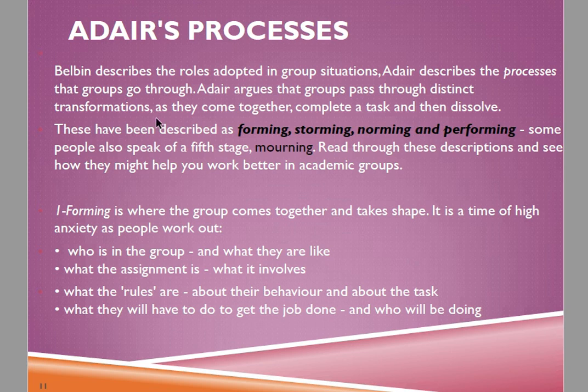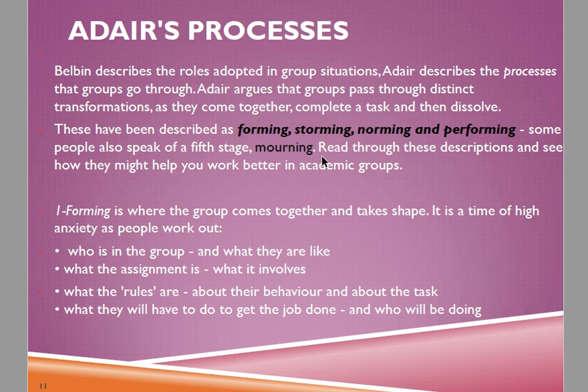That's why we have to think about the 5 points that Adair mentioned: forming, storming, norming, performing, and finally number 5, mourning. So we have 5 issues of how the processes can be in the group.